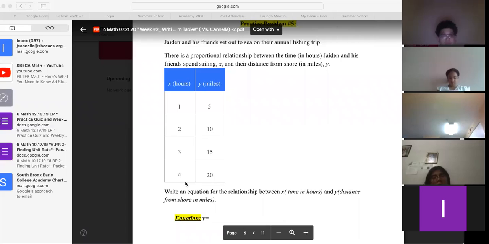There is a proportional relationship between the time in hours Jaden and his friends spent sailing, X, and their distance from shore in miles, Y. Write an equation for the relationship between X, time in hours, and Y, distance from shore in miles.